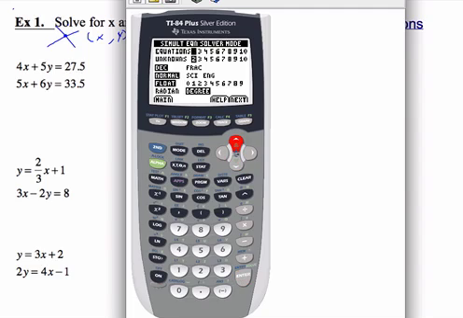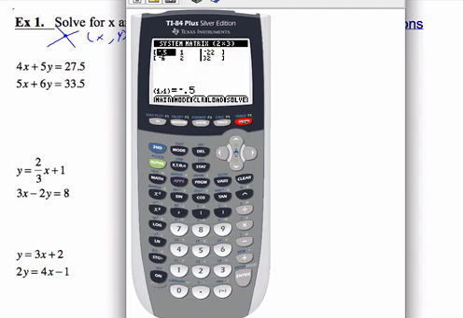Of course, we have two equations with two unknowns, so everything is ready there. Let's click Next. We need to type in the coefficients of x, y, and the constant here. So 4, 5, 27.5, and then 5, 6, 33.5.